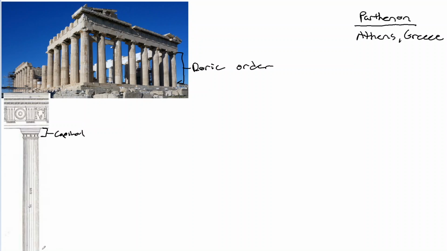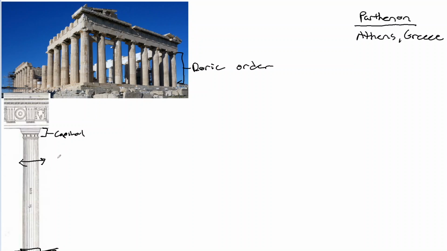There's usually no plinth. See, the shaft goes straight into your stylobate here. There's no base, or no plinth, which is uncharacteristic of the other orders. Now, one thing to note is that the thickness is much larger than later orders.